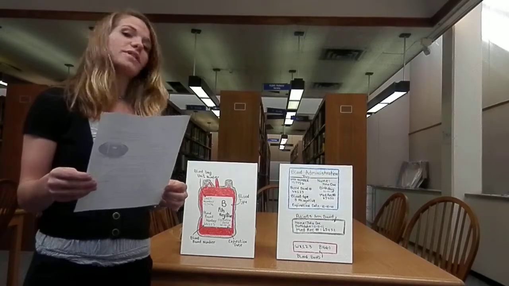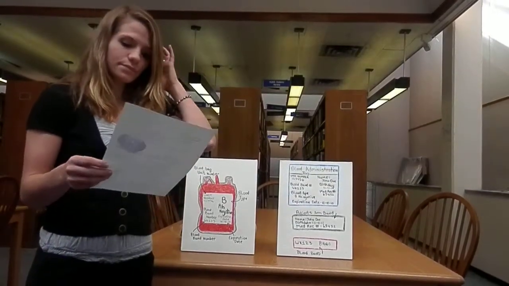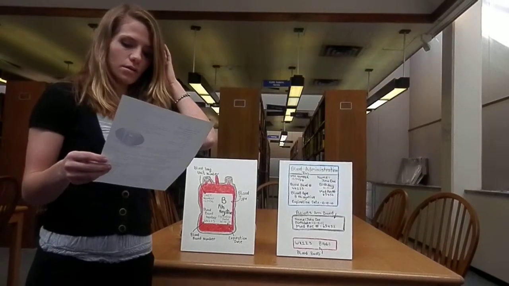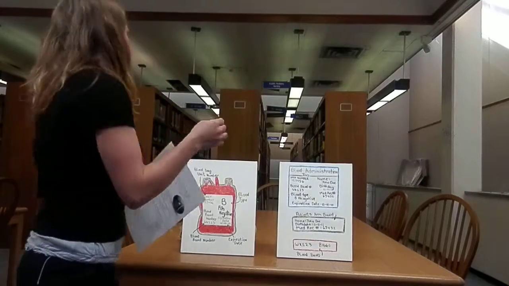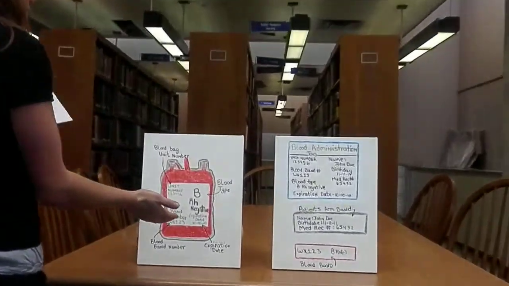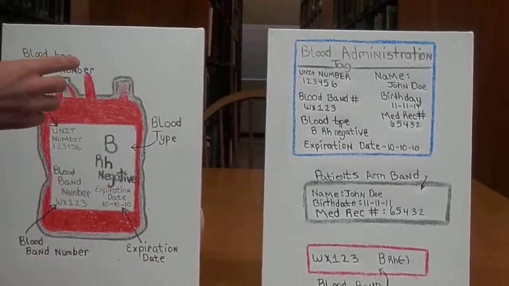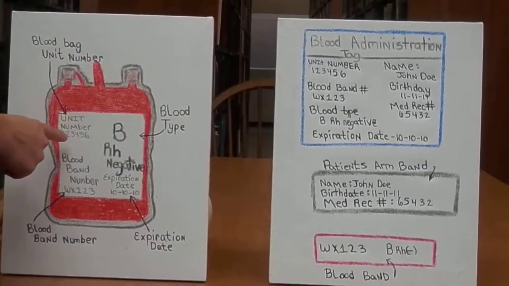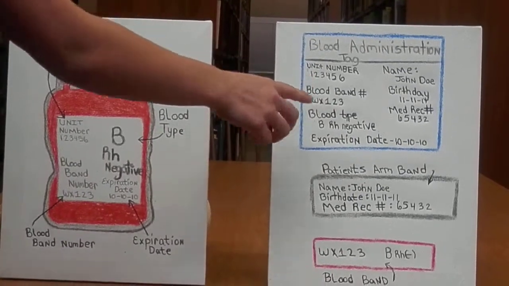At the bedside, you must make sure that you're at the bedside when you check the blood. You'll need to check a few different things. You'll have the blood bag and the blood administration tag. You'll want to make sure that you check the unit number on the blood bag with the unit number on the blood administration tag.